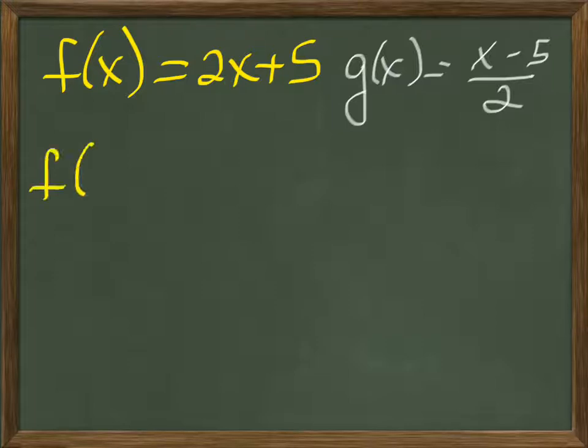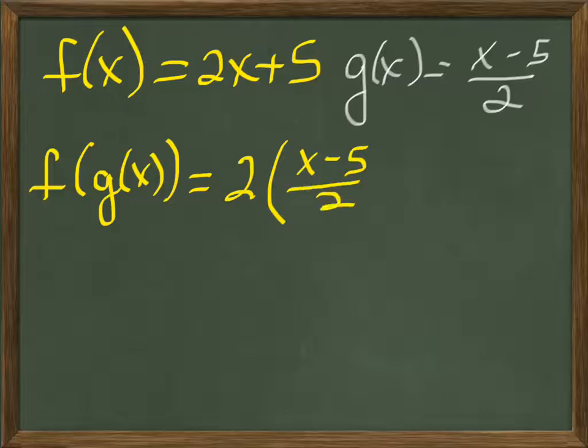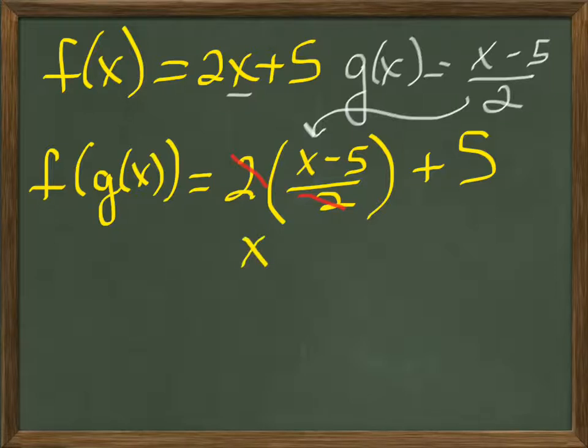So we're going to take f of g of x and we're going to plug g of x into the f of x equation, removing x and putting in g of x in its spot. Now we can simplify this. The 2's will cancel, leaving us x minus 5 and then plus 5.